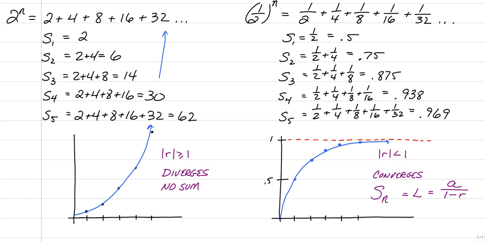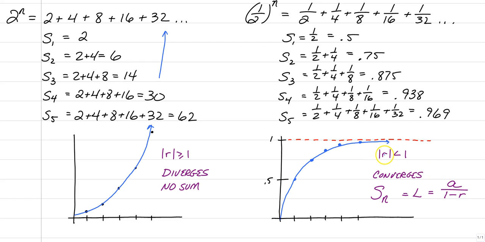And as we keep on going, you'll notice that you're adding such a small amount that you'll never get to 1, but you'll get very, very close to 1. You'll get 0.9999999, and what that means is we are converging on the number 1, meaning we will never get to a sum of 1.